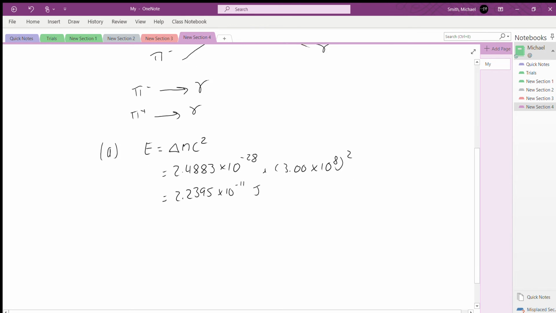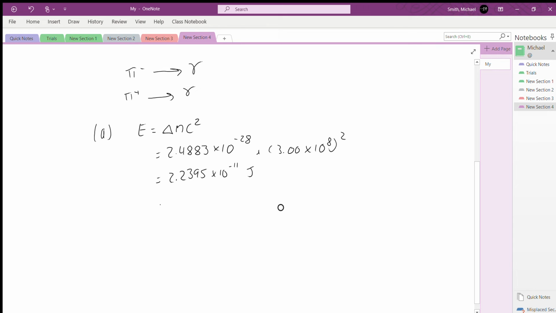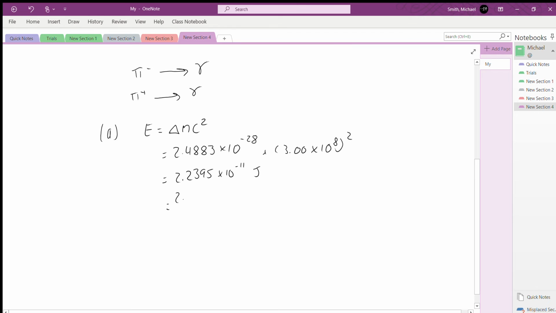We need to convert that into electron volts. The way we do this is by dividing by the charge of an electron. So 2.2395 times 10 to the minus 11 divided by the charge of an electron, 1.6 times 10 to the power of minus 19, which ends up being 1.3997 times 10 to the power of 8 electron volts.